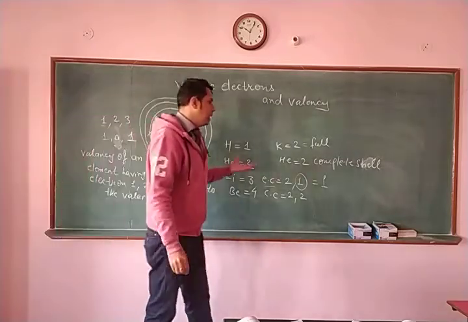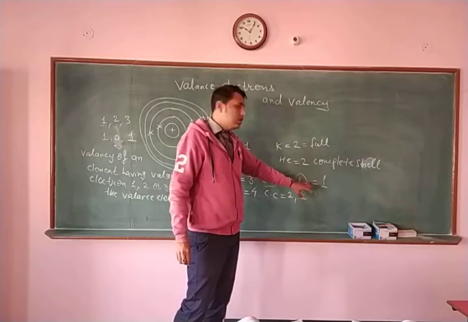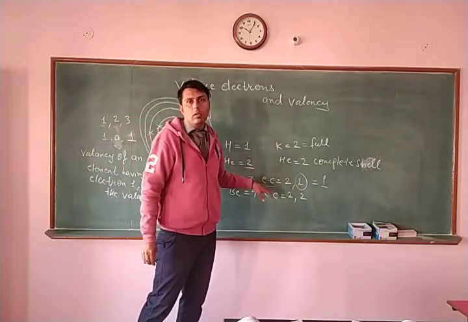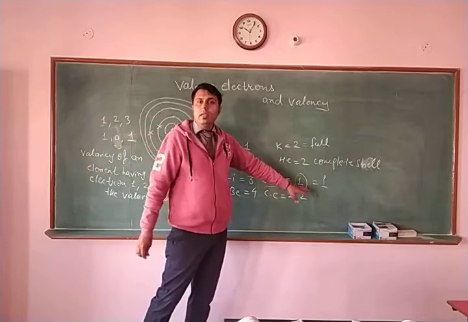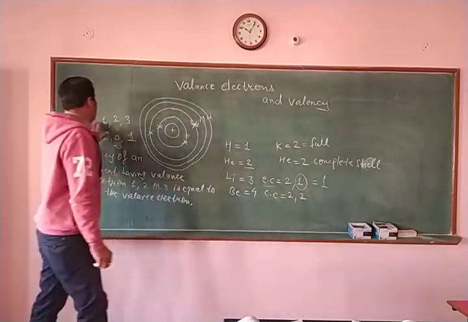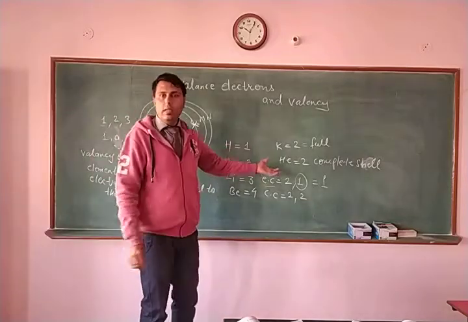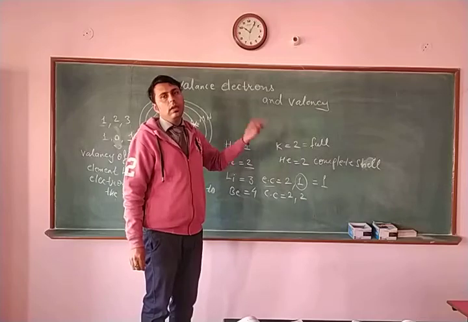As we said, the number of valence electrons in the outermost shell of any element, we should know the EC, the electronic configuration of that atom. If we know that, we can calculate the valency for 1, 2 and 3 valence electrons. If an element has 1, 2 or 3 valence electrons in the outermost shell, then those valence electrons are equal to the valency.